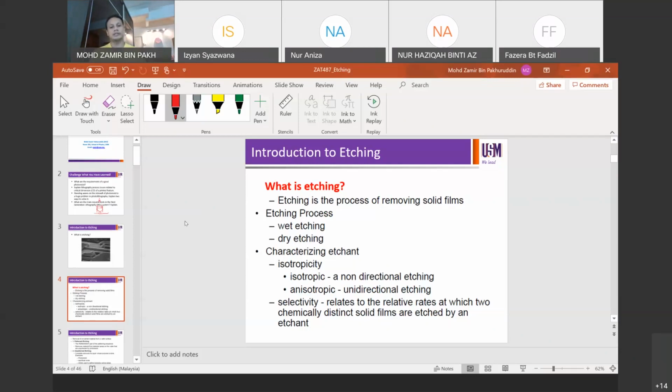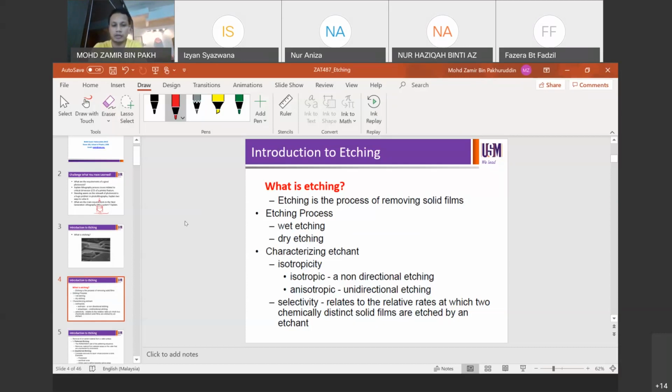So what characterizes etching, either wet or dry? The first one is isotropicity. Isotropicity here means etching nature in a non-directional process, right? So that means if you etch in an isotropic environment, wet or dry, you're going to etch the material in all directions with equal etch rates.